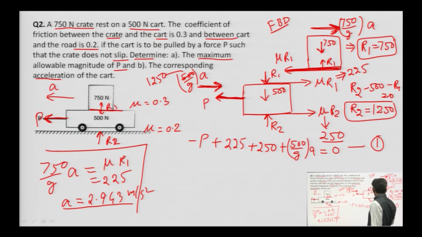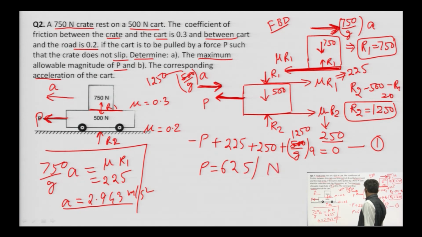So in place of 500, we will have 1250. The value of A is known to us, then P can be calculated from here. The value of P will be 265 newtons by calculating. So what are the steps?